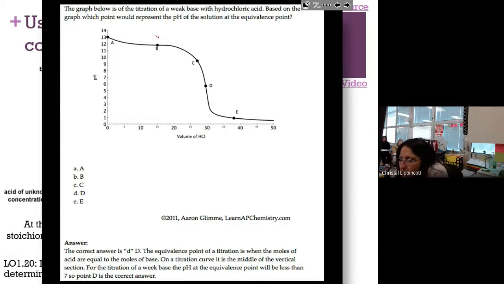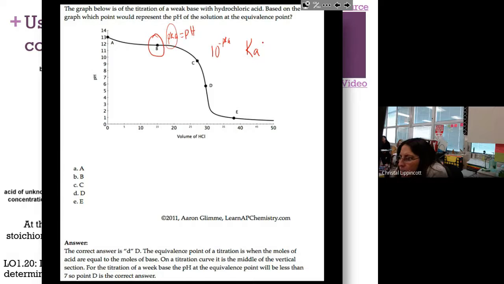This is known as what? Half equivalence. At half equivalence, what equals what? pKa equals pH. So if you know the pH, that'll give you your pKa, and from the pKa, you can go 10 to the negative pKa and get the Ka.